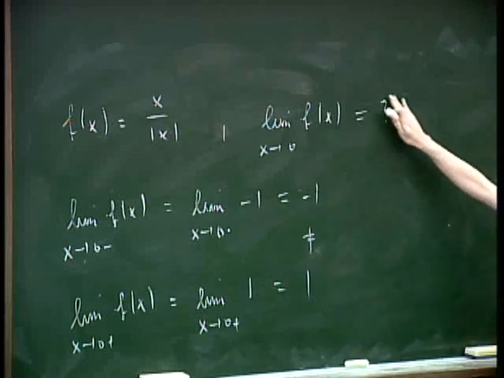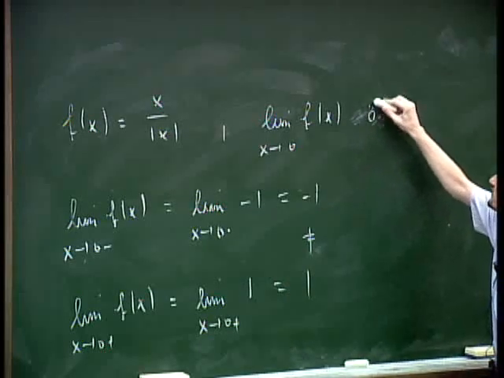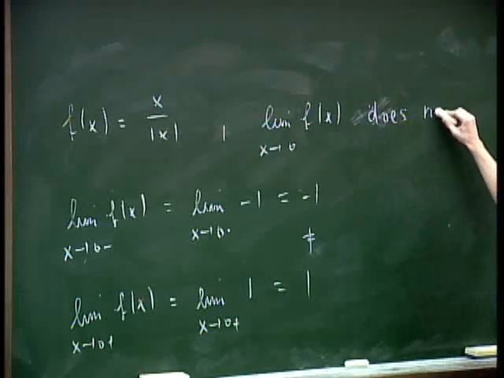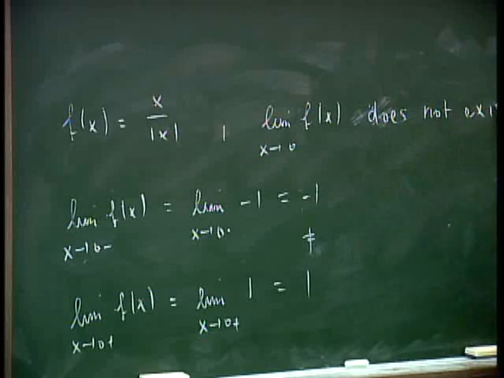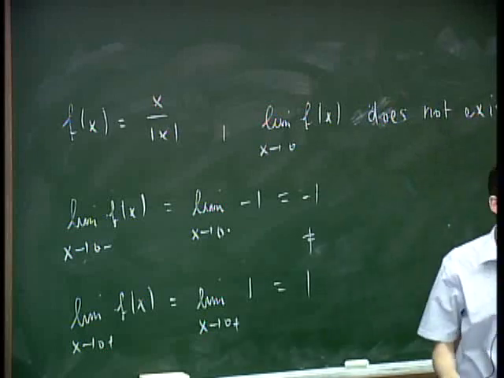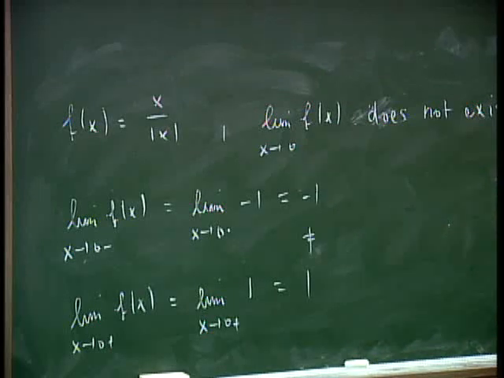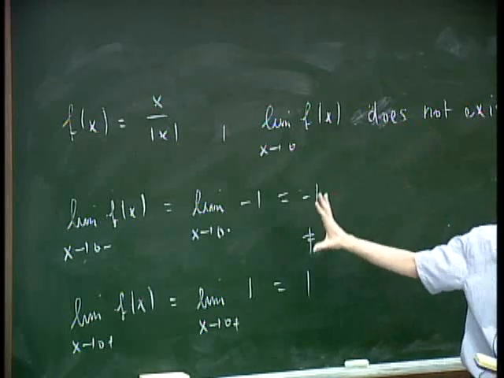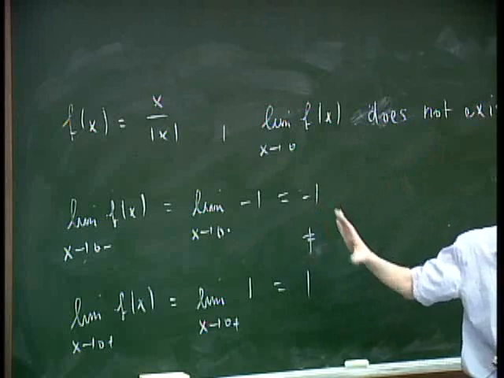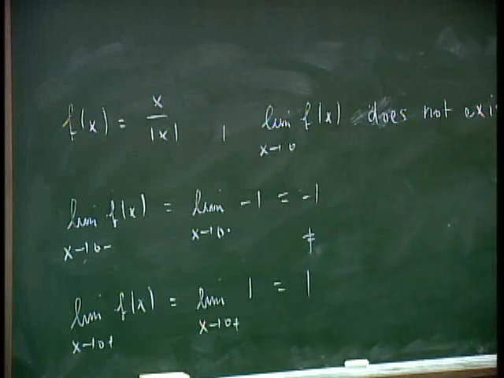So the limit does not exist, as we know, of course. Okay, so this is quite easy, but you should see that I used this result here. So here I do not have to use the epsilon delta definition anymore, because the epsilon delta definition was already used in proving this result.